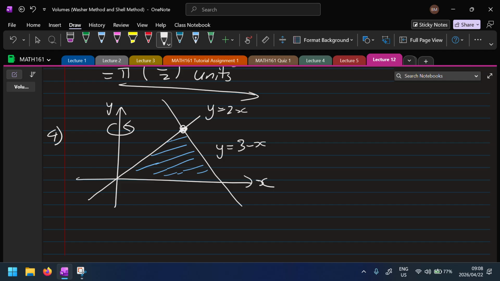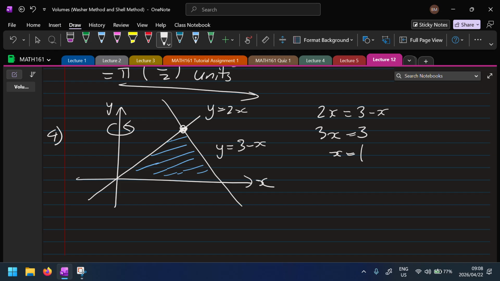So let's set these two equal and then find that y value for the top. So we're going to have 2x equals 3 minus x. So we've got 3x is 3, so x equals 1.